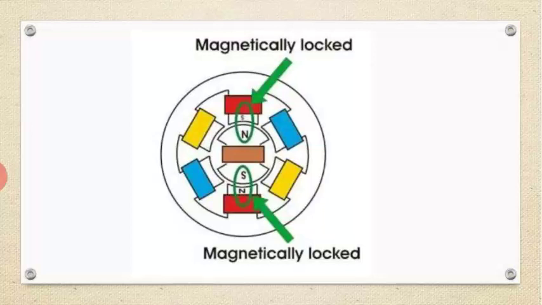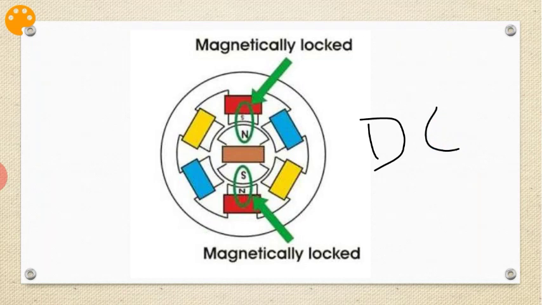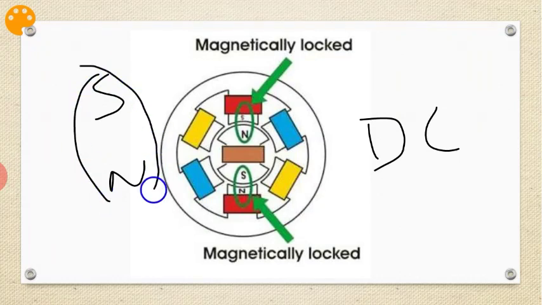Next you apply the DC supply, so the poles, N of rotor and S of stator, both are locked.